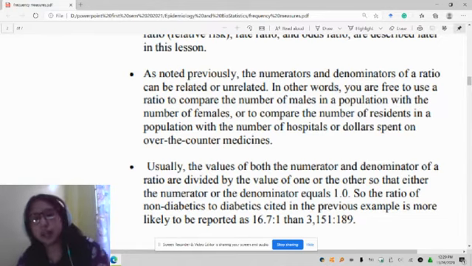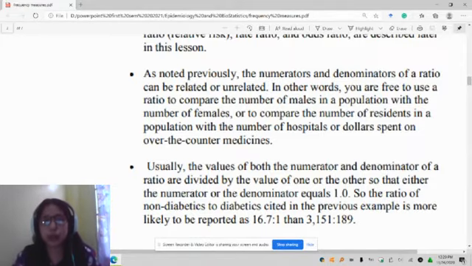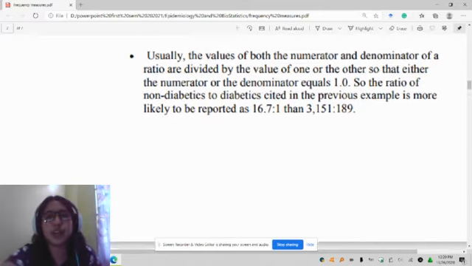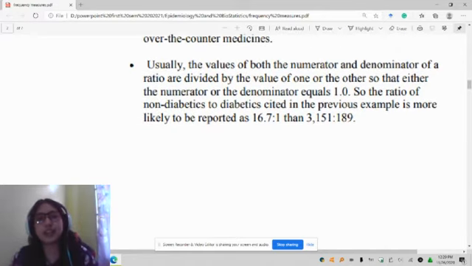So usually, the values of both the numerator and denominator of a ratio are divided by the value of one or the other, so that either the numerator or the denominator equals 1. The ratio of non-diabetic to diabetic, for example, in the given example is 16.7 to 1, from 3,151 to 189.